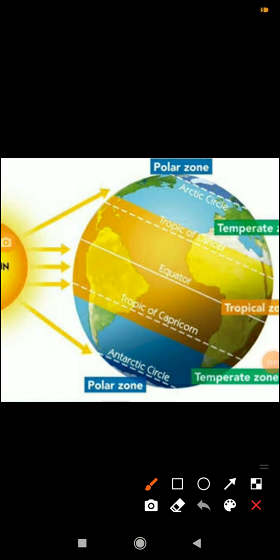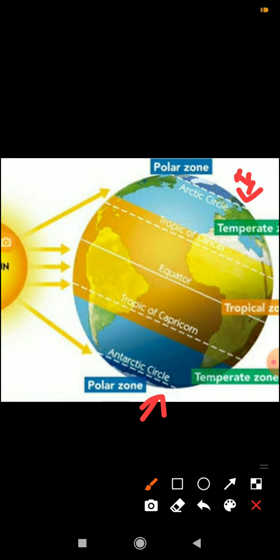The third type of region we have is the frigid zone. It comprises the areas lying between the Arctic Circle and the North Pole in the Northern Hemisphere, and the South Pole and the Antarctic Circle in the Southern Hemisphere. As we already know, areas lying close to the poles are very cold.